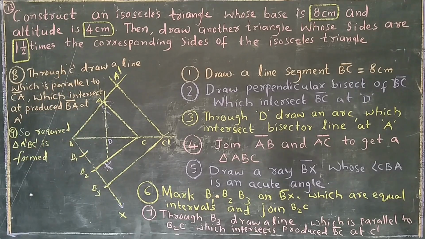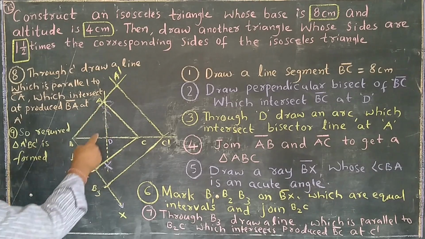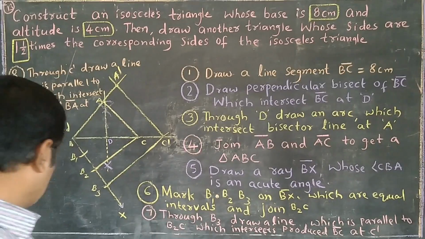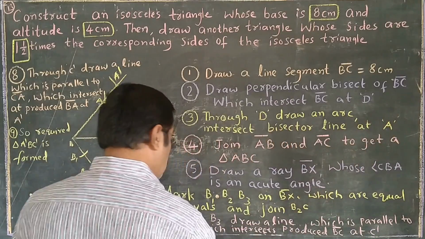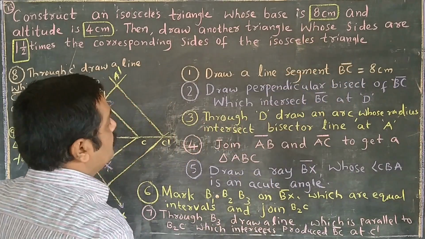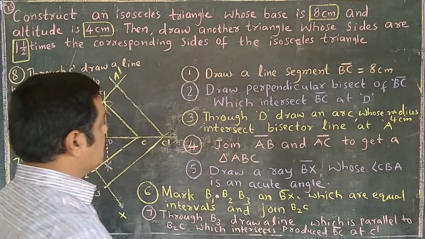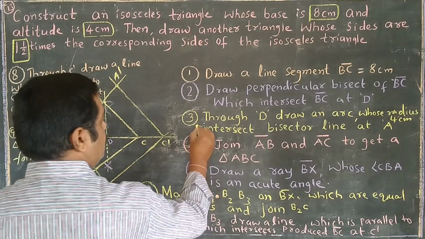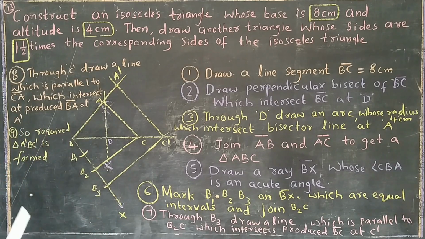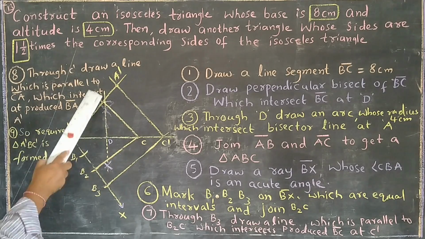This perpendicular bisector line intersects BC at D. Through D, draw an arc whose radius is 4 centimeters, which intersects the bisector line at A. Next, join AB and AC to get triangle ABC.